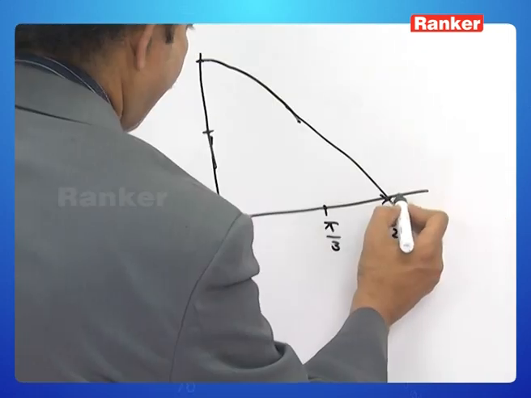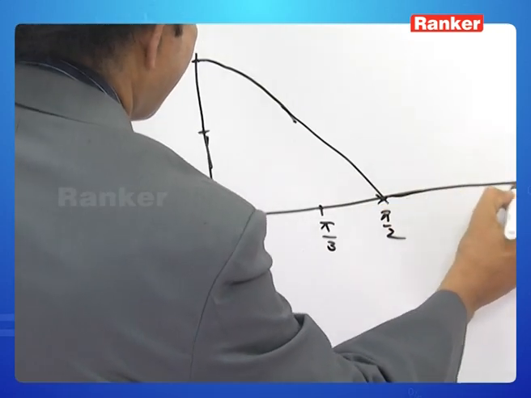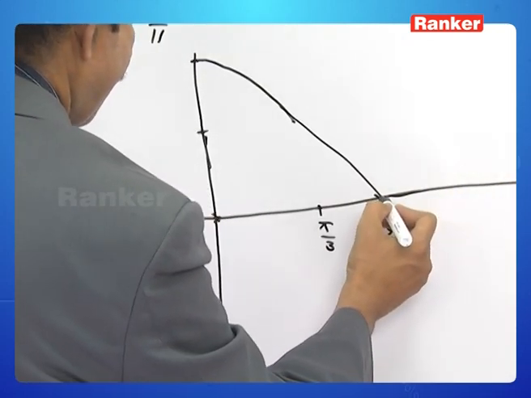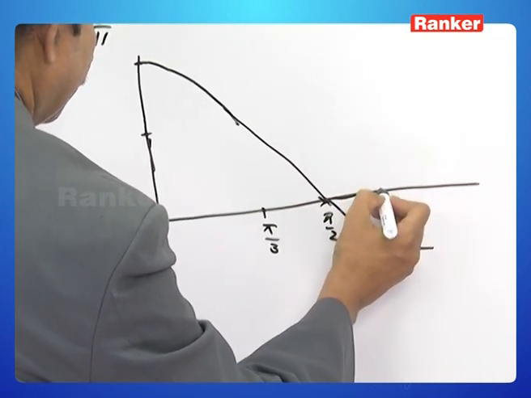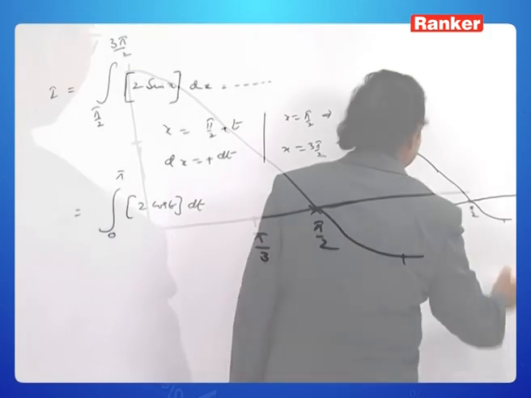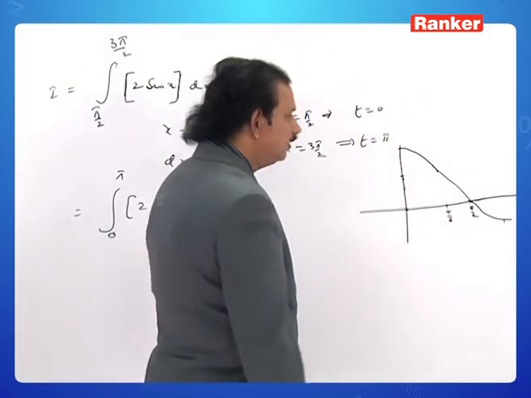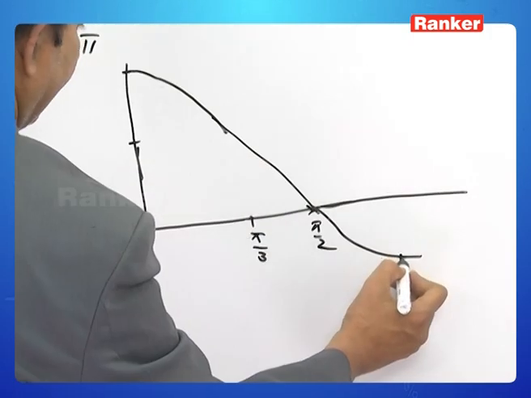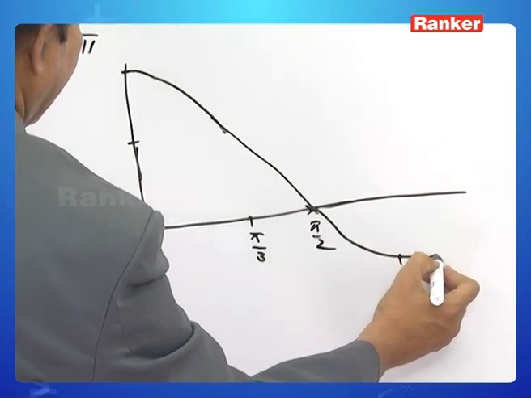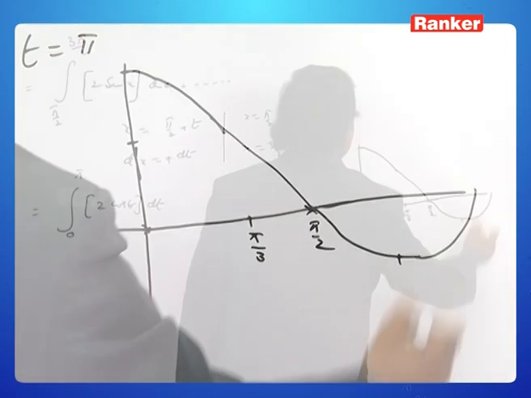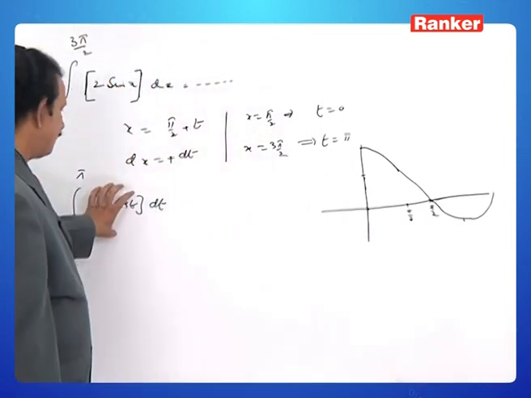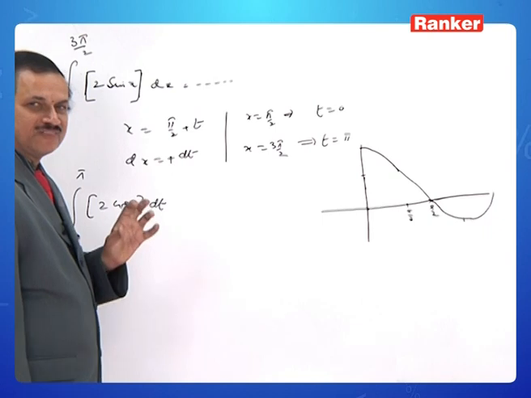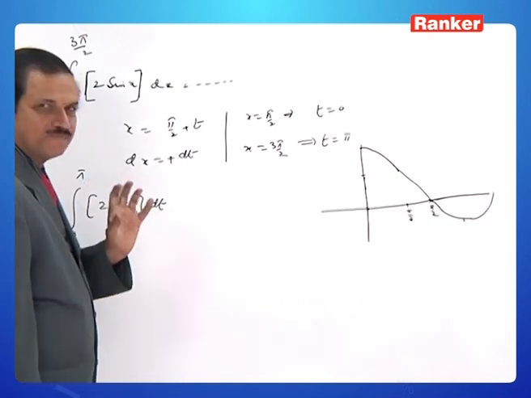Again, cos 120 is minus half. Again, at 180 it is minus 1. So this particular 2 cos t becomes an integer at what type of points?